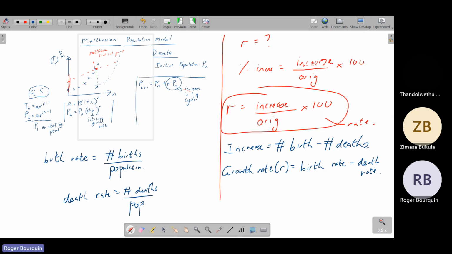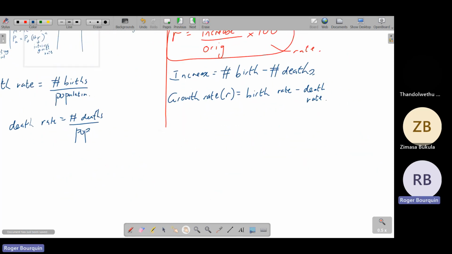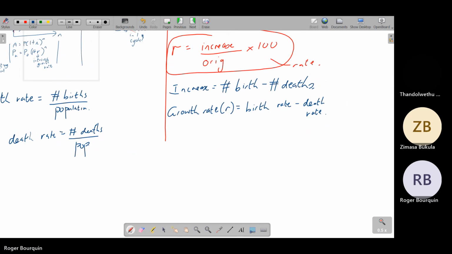Can you remember how we generally find the birth rate? It rings a bell. Yes, say it. Females are more important in population growth. So the normal way we calculate birth rate is percentage females.